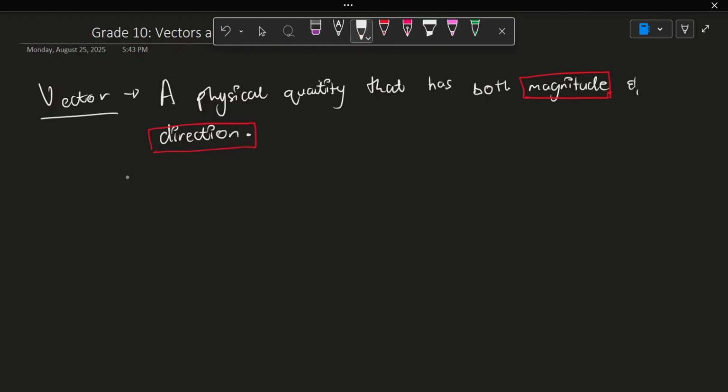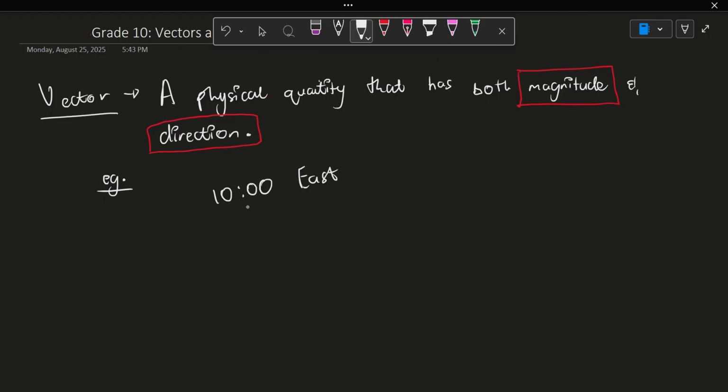Right, so we look at different examples of vectors. Think of it this way: has a situation ever occurred in your life where perhaps you ask someone for the time at a specific moment, and they say to you it's actually 10 o'clock east?